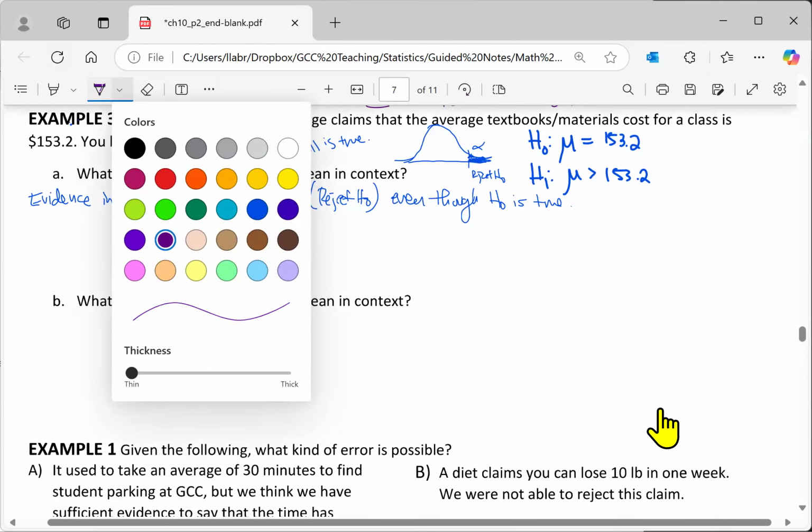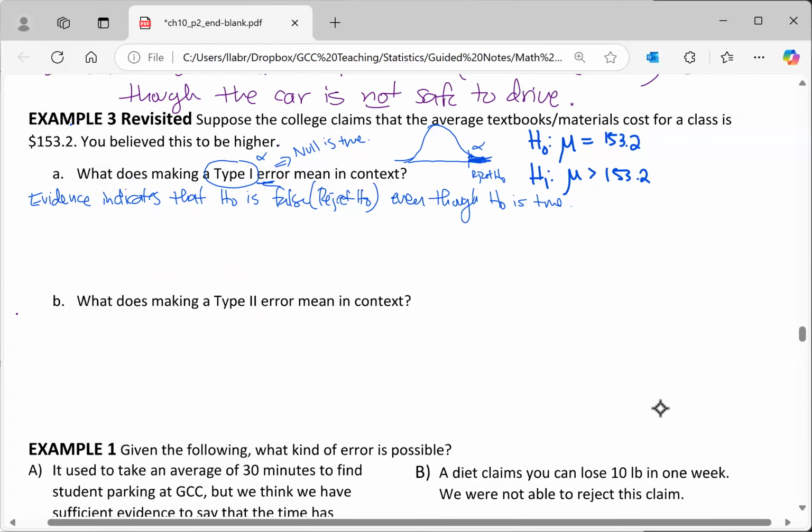Let's interpret this in context. So remember, in context, that means you want to use the verbiage that they're using. So they're talking about the average textbook/material cost for a class and what it is. So you were saying that the evidence indicates that H0 is false. So in other words, we're going to say the mean cost is actually greater than.